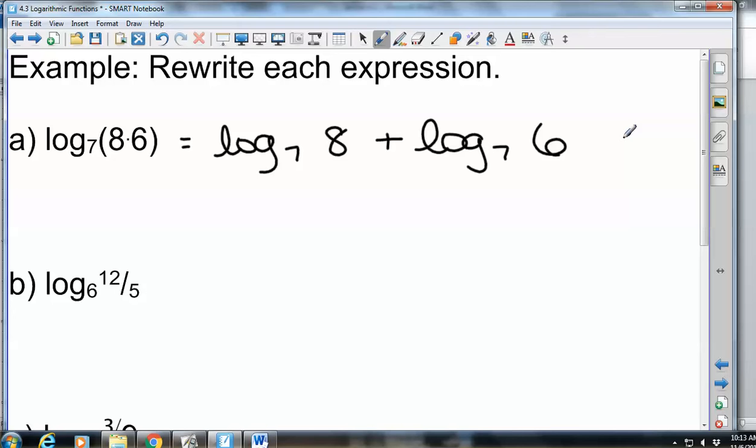B, how would we rewrite that one? They're divided, so you subtract. Make sure when you're writing these also that your base is a subscript, so I can tell the difference between your base and the argument.